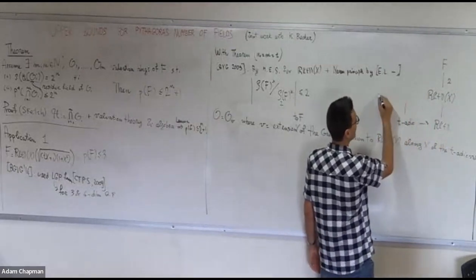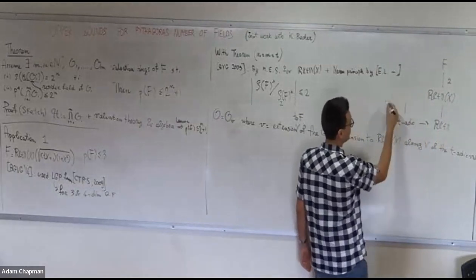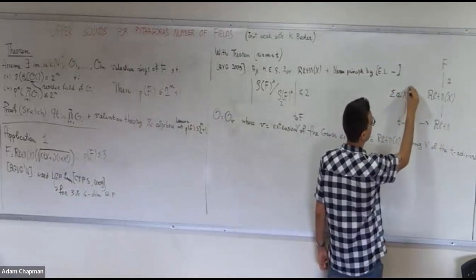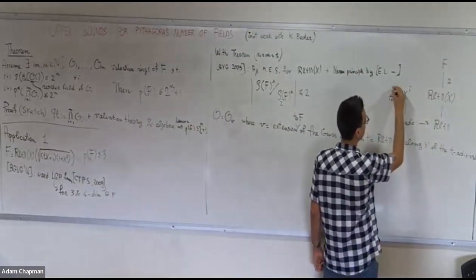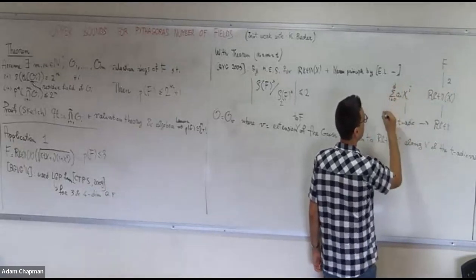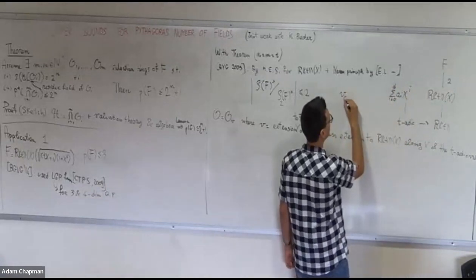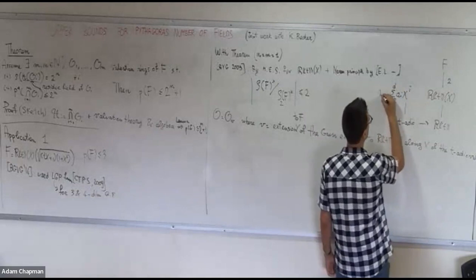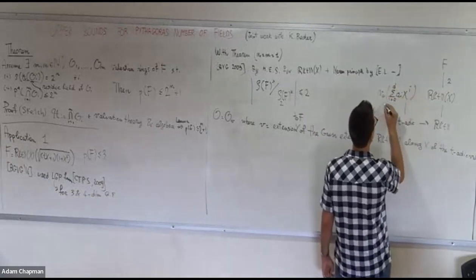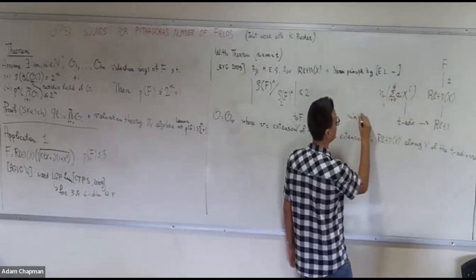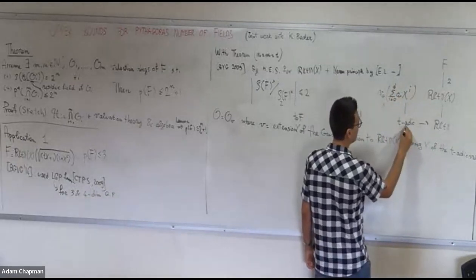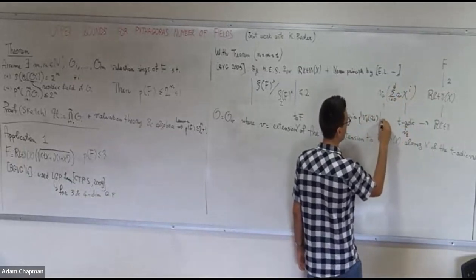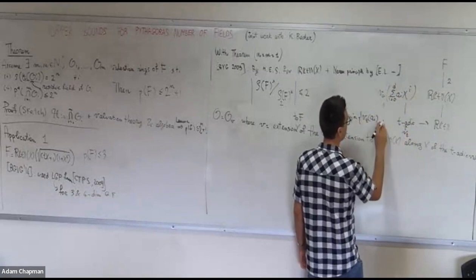We can extend it by using the Gauss extension, meaning that for a polynomial like this, we set the valuation to be the minimum of the valuations of the coefficients.